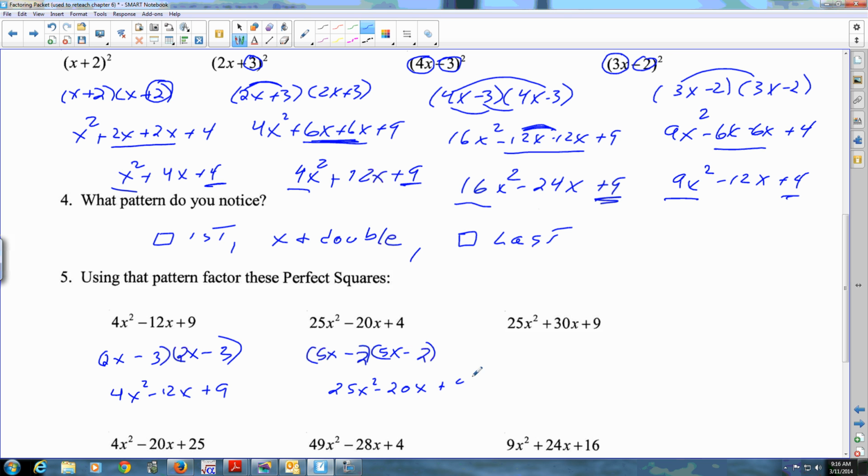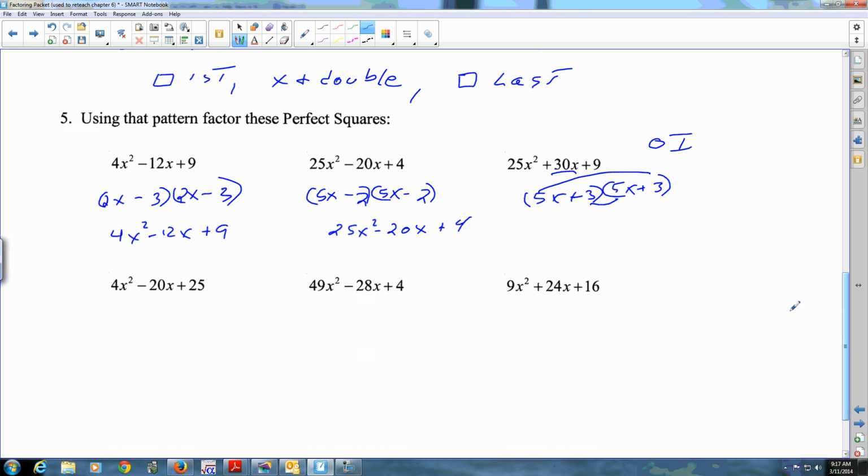Square the last thing. So this one, 5x, 5x, 3, 3. I'm getting those from here. The sign in the middle is plus. And to show you it works, look at the O and the I of FOIL. See if it gives you the 30. 15x, 15x, you're adding them, so 30x.